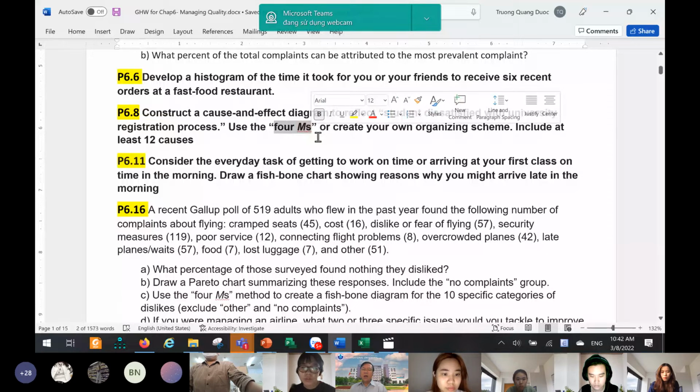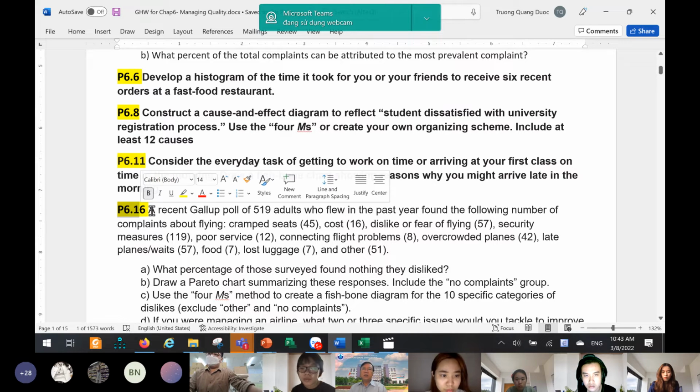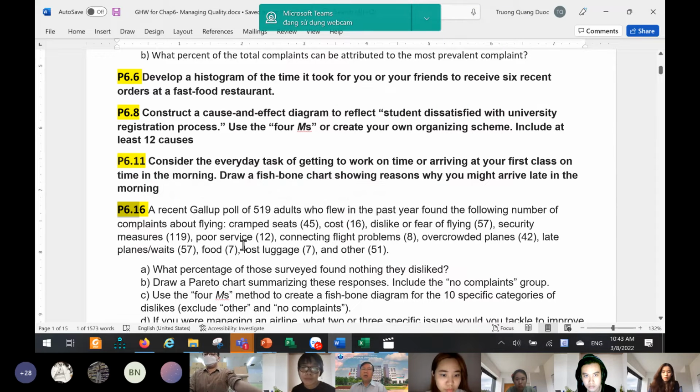Again, 4M must be clarified. What is M? What does each M represent? So I explain. And the same wrong Pareto. So Đa Thiện, A minus.